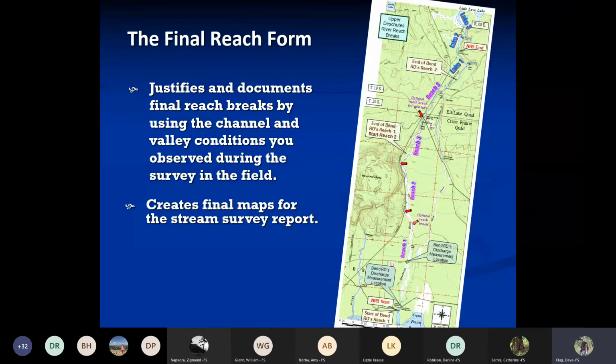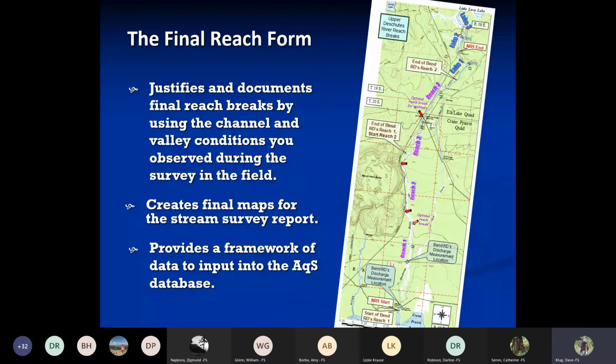You'll have nailed down reach breaks and delineated for anybody who wants to pick up that survey to see how the stream broke out, where you started, where you ended. That gives you a framework. The reaches provide a framework for data input into the AQS database.